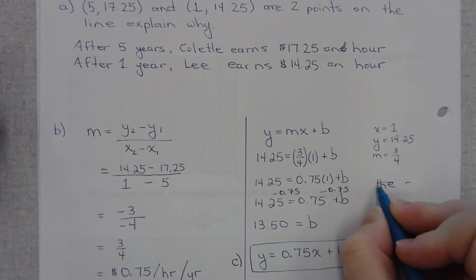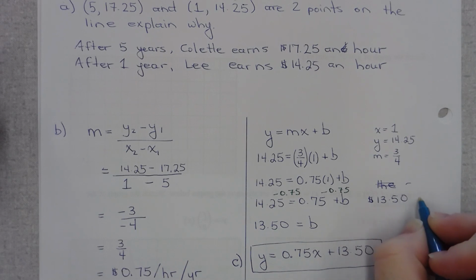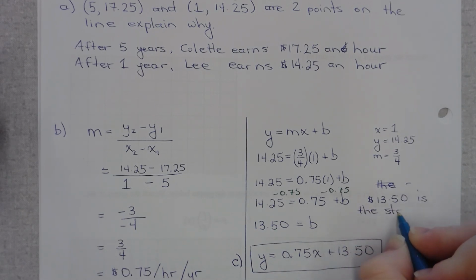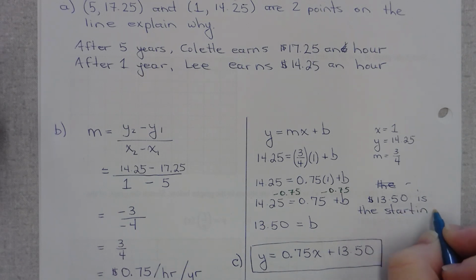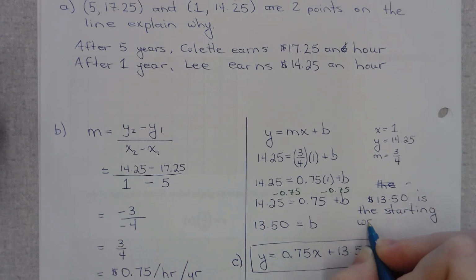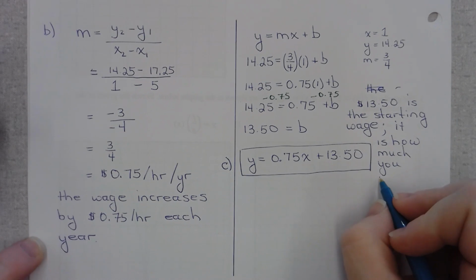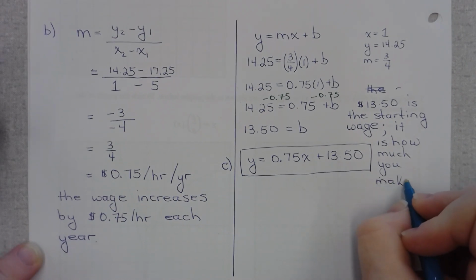So 13.50 is the starting salary or starting wage. So it's how much you make on your very first day. So it is how much you make when you are first hired.